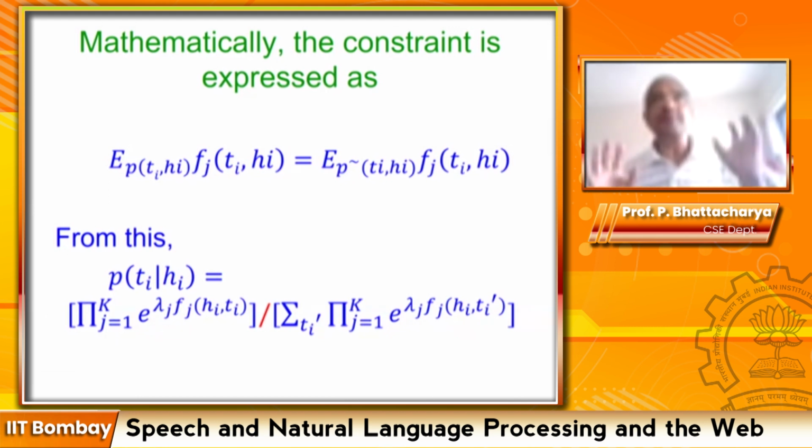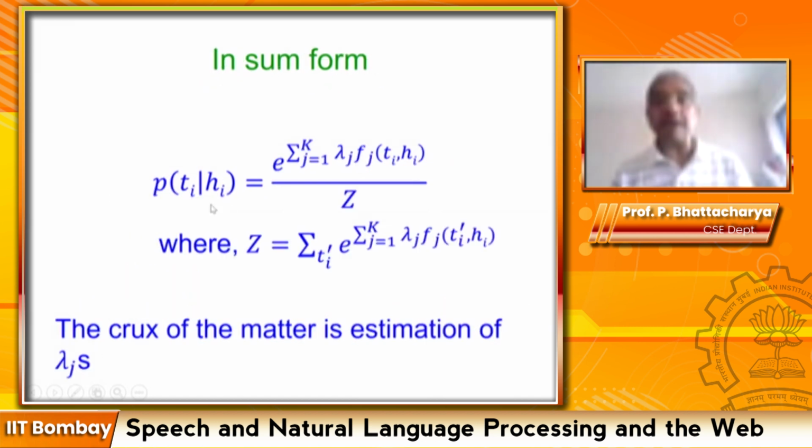Get the big picture: empirical expectation from the training data, model predicted expectation. These two should match, and if you apply that constraint and take the derivative of the entropy expression, equate it to 0, then you will arrive at this modeling for the parameters P of Ti given Hi.